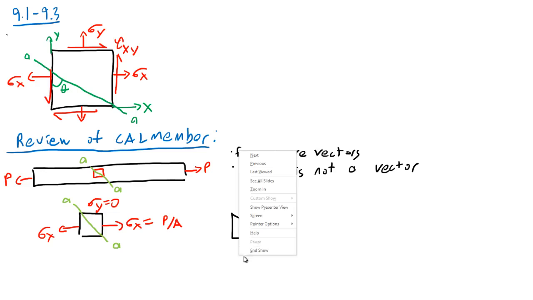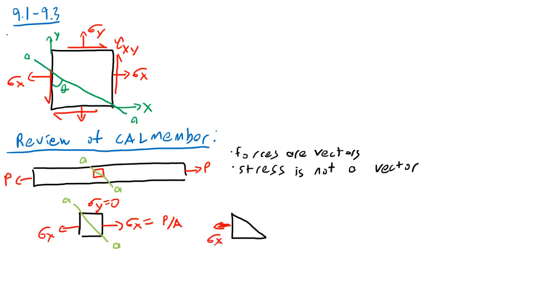We still have the sigma x over here, but then on this surface here, we have a tau and a sigma. We have a non-zero tau and a non-zero sigma, like shown.